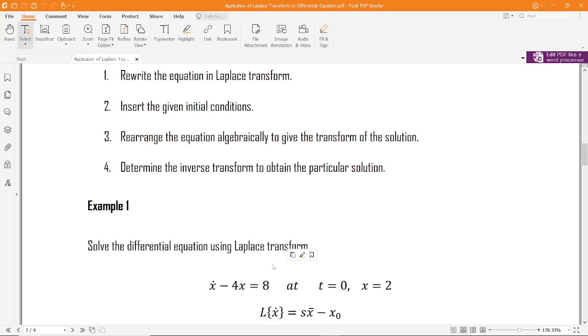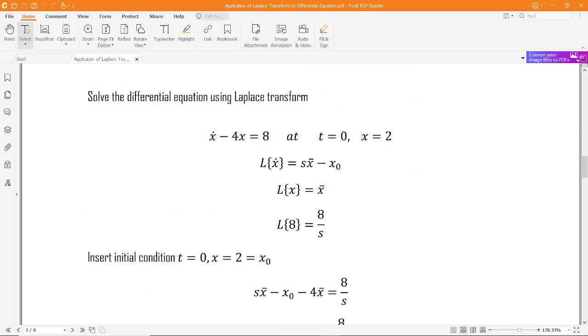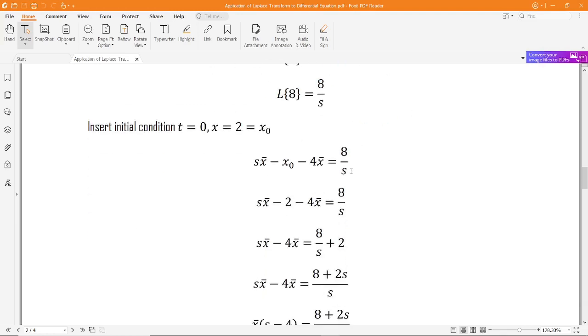That is how you put in the initial conditions, because when you check the question itself, it was only given as x. So you know that your x is the same thing as x naught at time t equals 0, and so on. So replacing x naught now with 2 is what we have here.